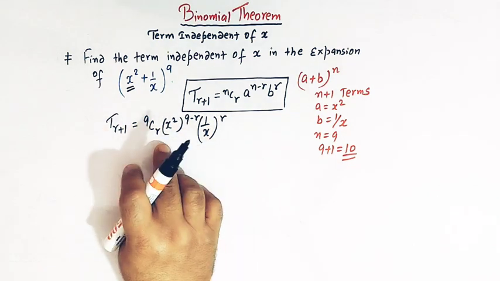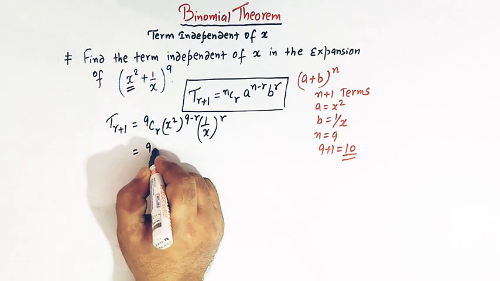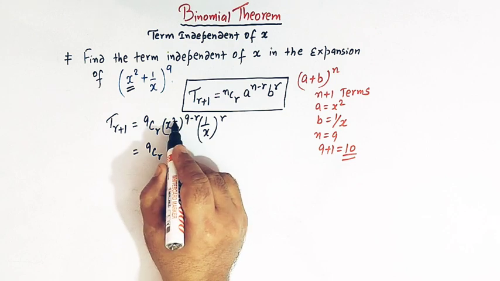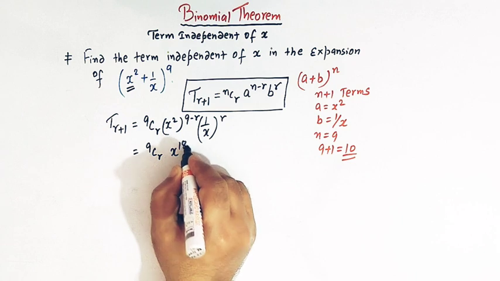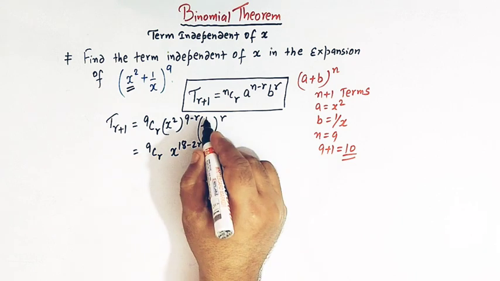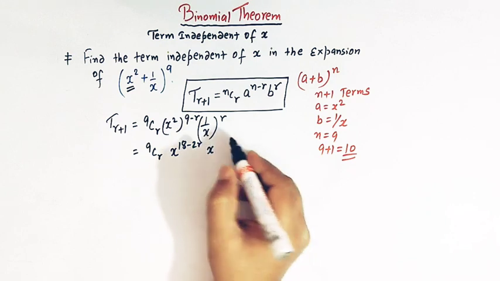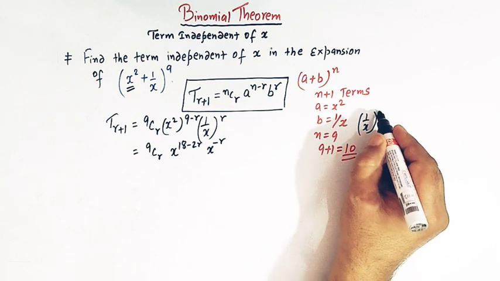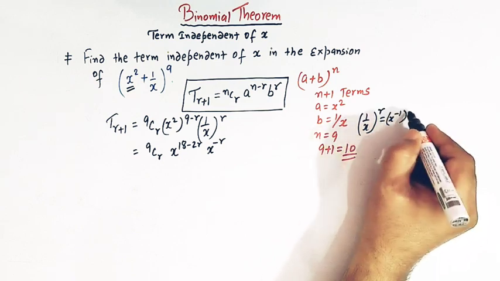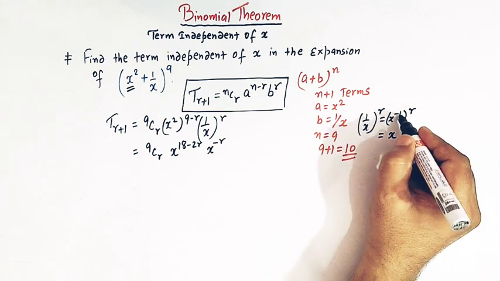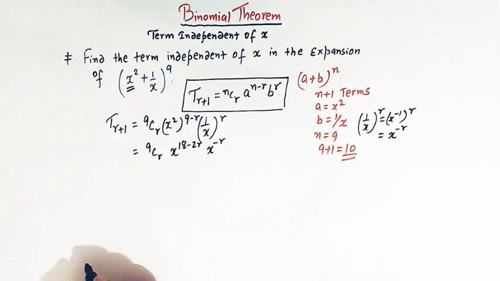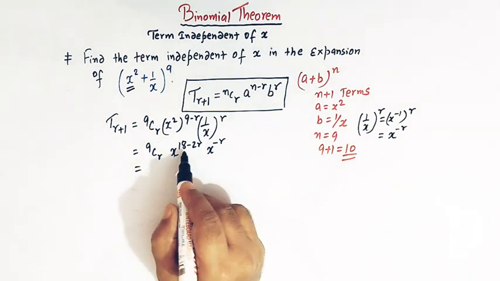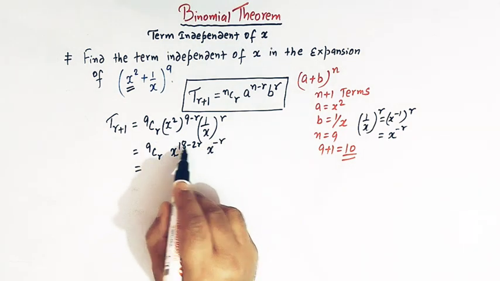Now we can simplify this expression. Here we have 9Cr, and x raised to 2 times (9 − r), that is 18 − 2r. And 1/x raised to r can be written as x raised to −1 times r, which is x^(−r). Now we have two terms containing x, so we can add these two exponents.